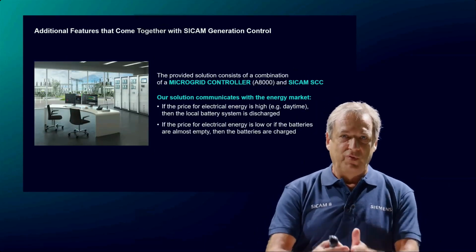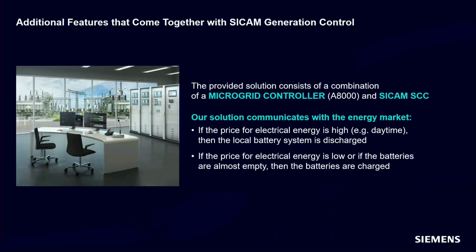This slide refers to another possible extension of our generation control function. The microgrid controller, which includes the generation controller we have presented before, can also be extended to exchange price information with electrical energy aggregators. We selected this example because this additional function provides a lot of advantages to our customers.